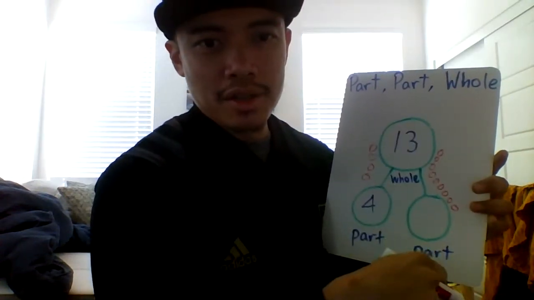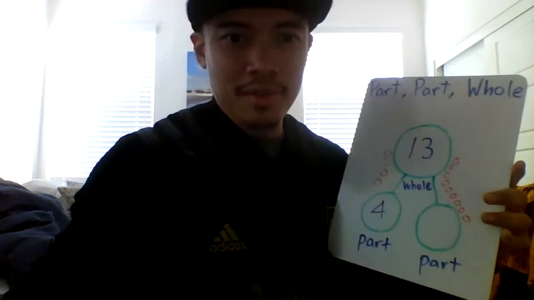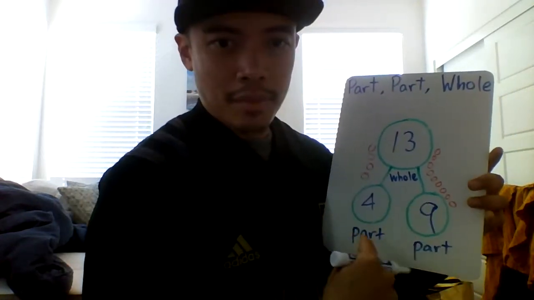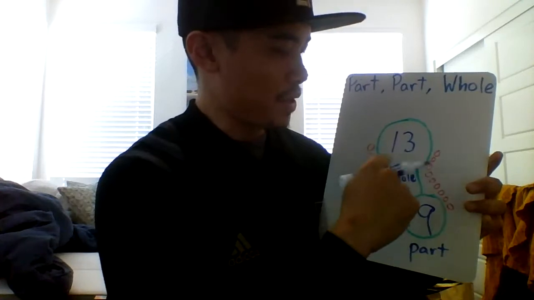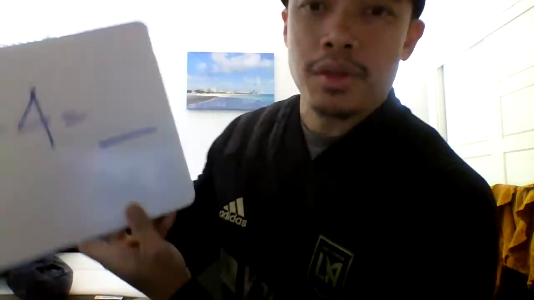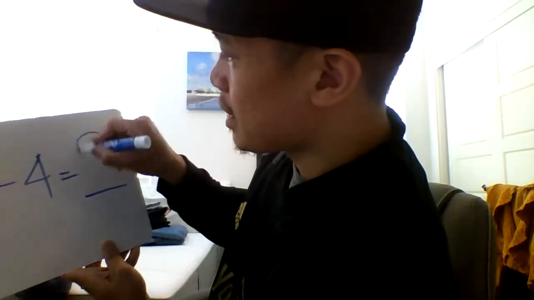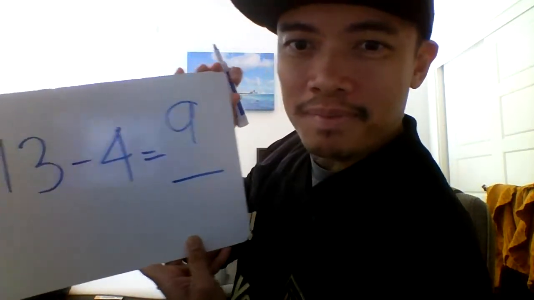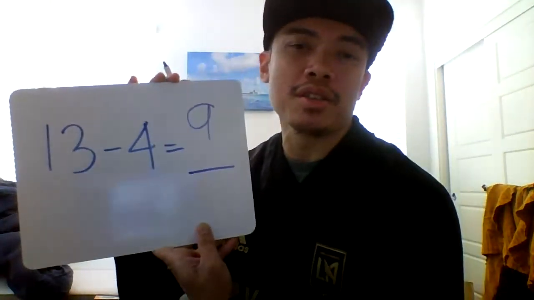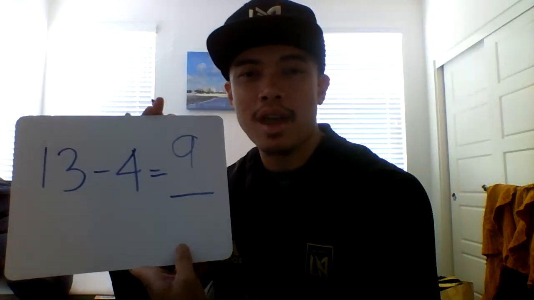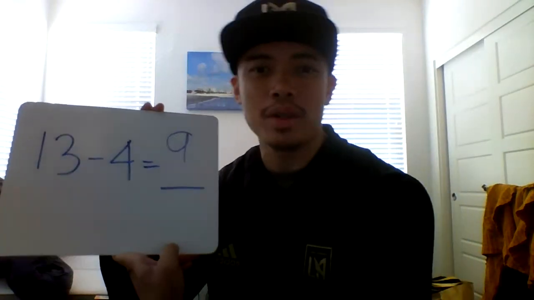So 9 kids are going down the mountain on this side. The two parts of 13 are 4 and 9. So 13 minus 4, the difference is 9. That's another strategy that'll be handy for the kids when they're subtracting to 20. All right, if you have any questions, let me know.